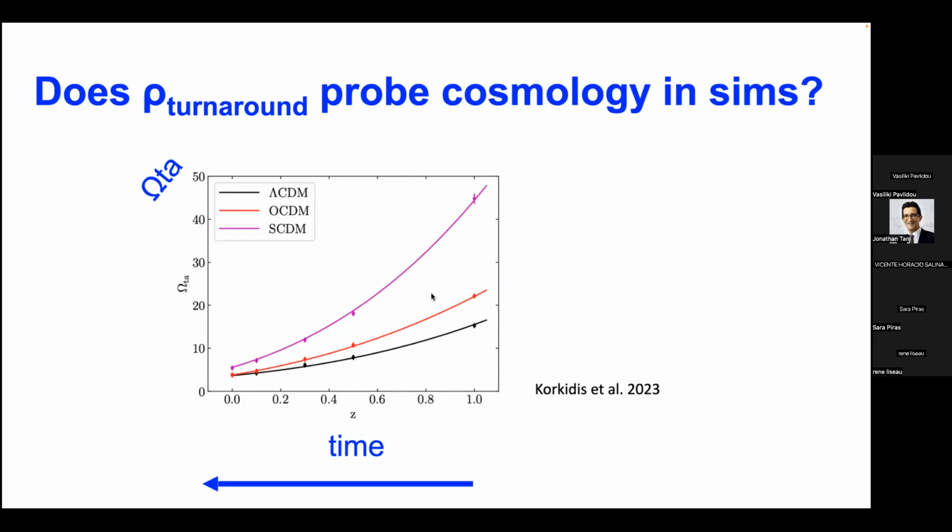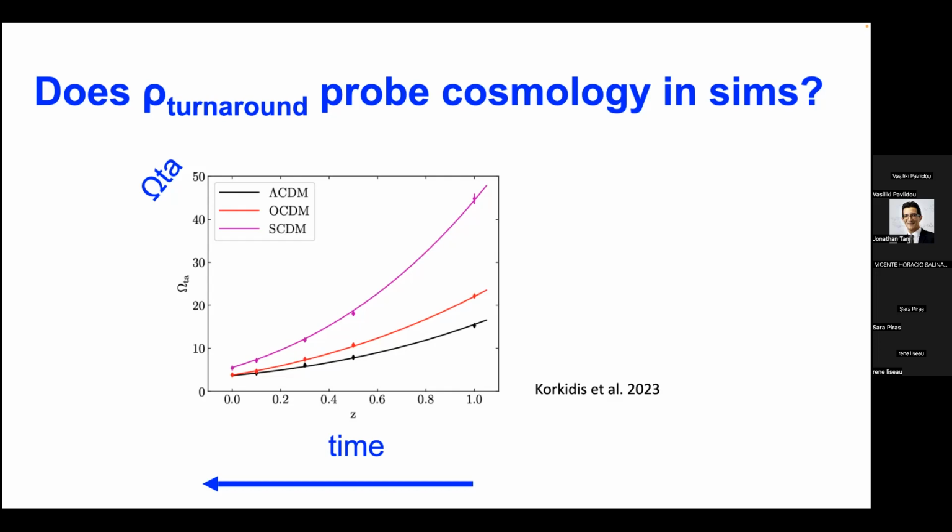So these three lines are concordance lambda CDM, so omega matter 0.3, omega lambda 0.7. This, red line is omega matter 0.3 and no lambda. And this purple line is omega matter equals 1, no lambda. The solid lines are what spherical collapse tells you it should happen.